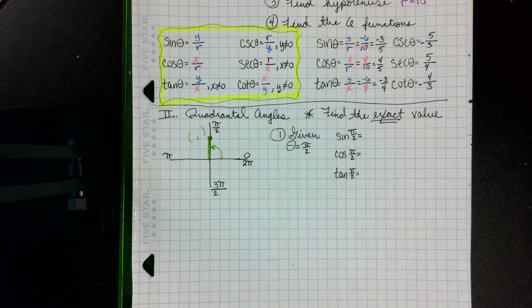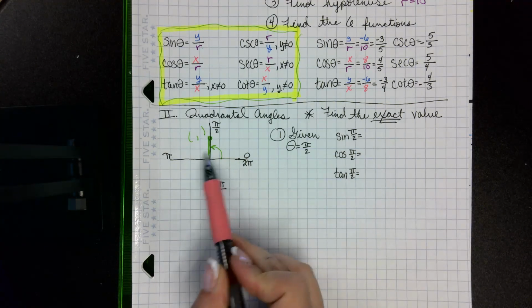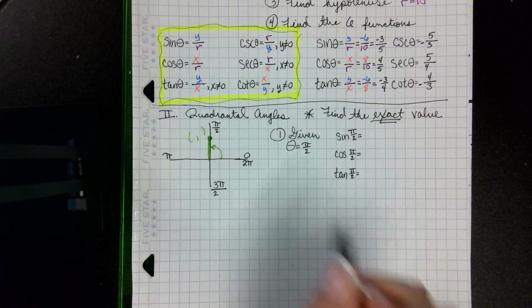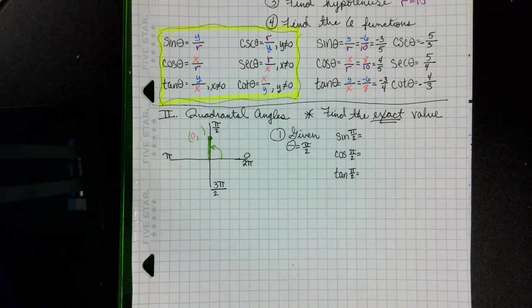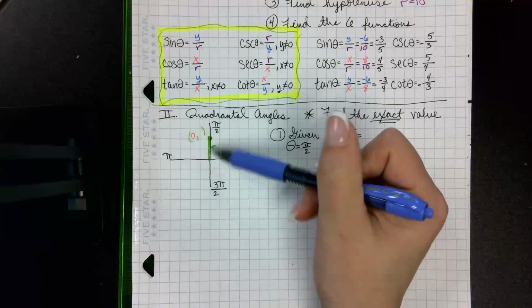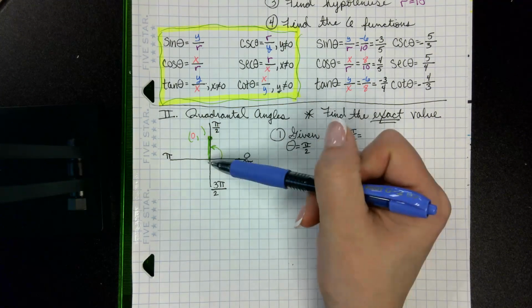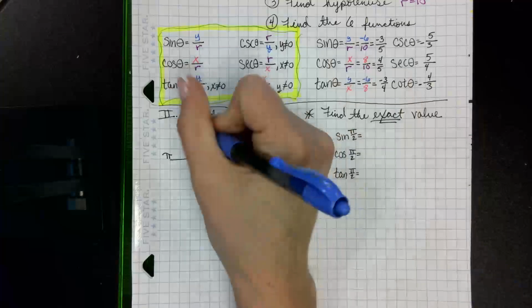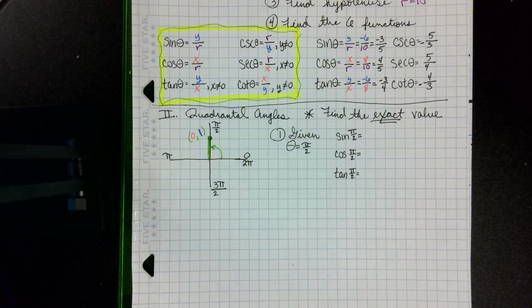So my x, if I'm on the y-axis, that means I did not go left or right, any. So the x value is going to be 0. And then figure out, did I go up or down? Well, to get to the pi over 2, that's up at the top, so I had to go up a unit. So we're just going to put positive 1 for the y value.